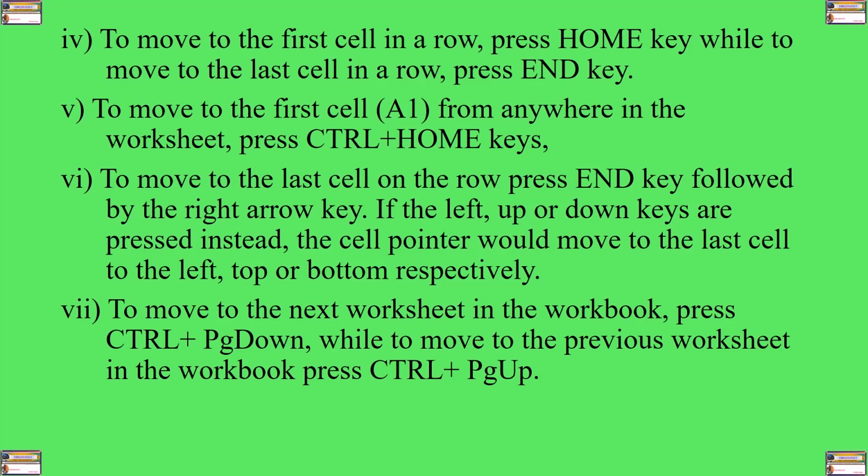While to move to the previous worksheet in the workbook, press the key written CTRL, and then using the other finger, press the key written Page Up on your keyboard.